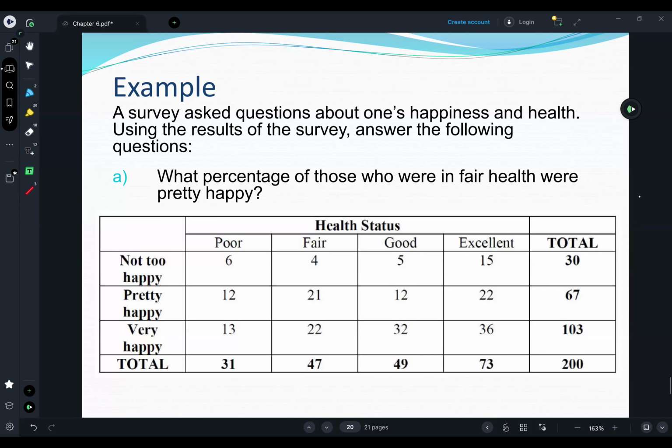How would we answer the question? Anyone want to take a go at it? Yes, go for it. Their health and pretty happy.